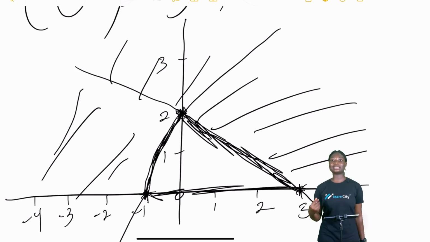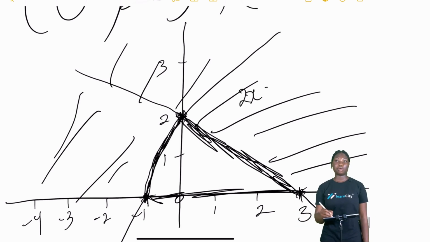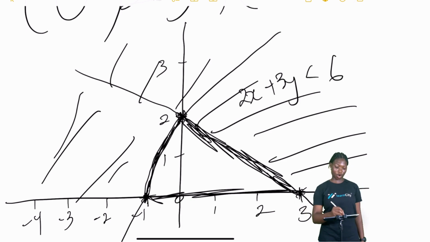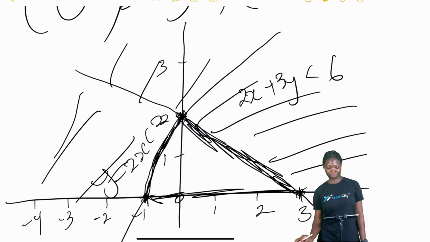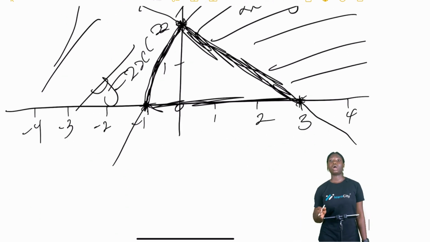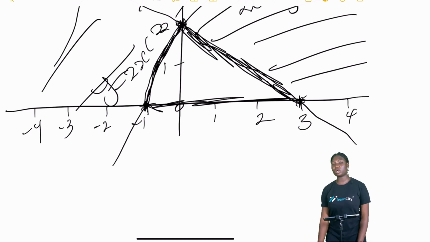This part is our 2x plus 3y less than 6, and we have this part for y minus 2x less than 2. So that is for simultaneous inequalities.